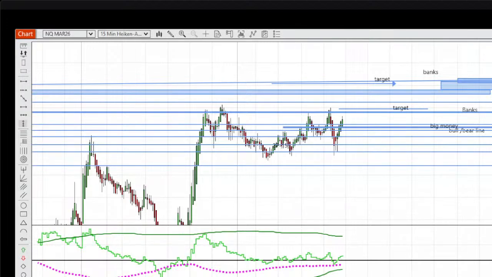But it's weird this morning because I barely ever see a bear line. Barely ever have a bear line, which is kind of strange. So right here, what is that? About the 420. Wow. It's sitting right above our target right here. That's crazy.